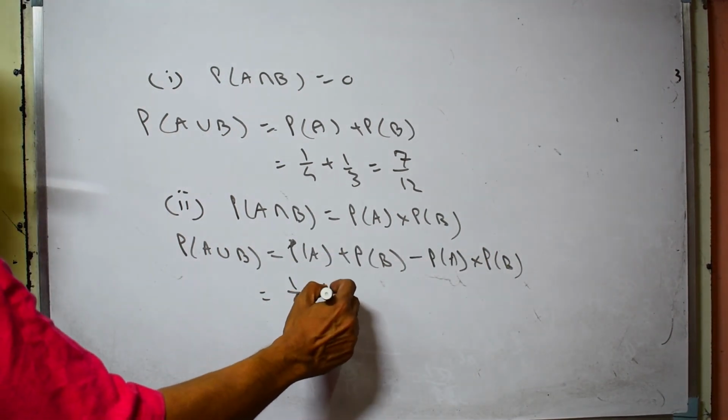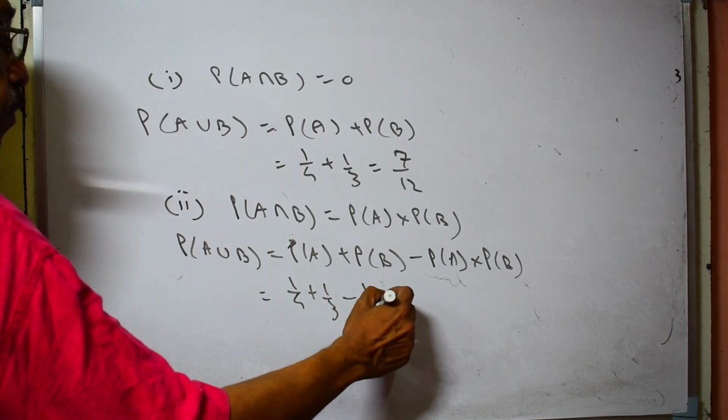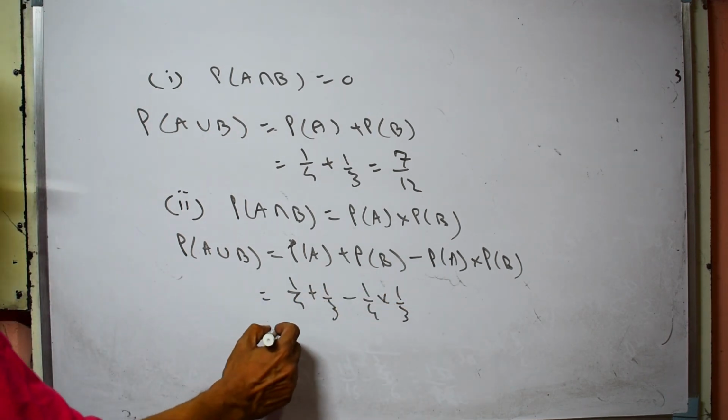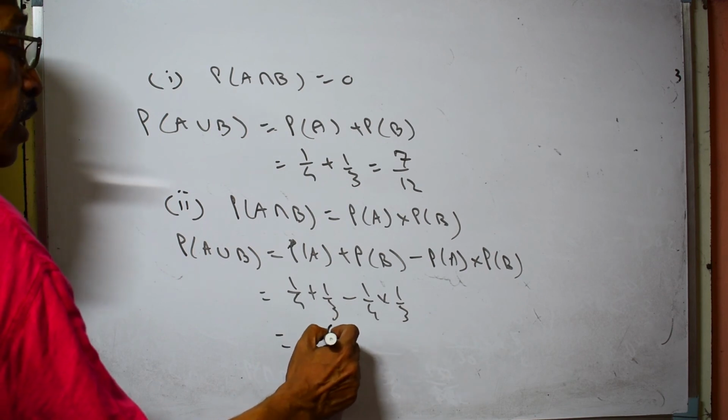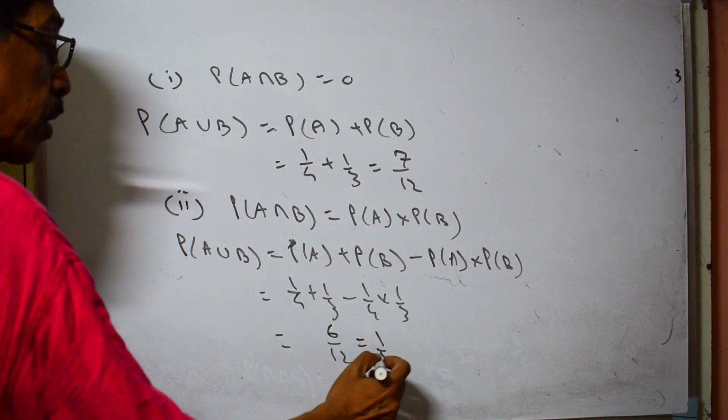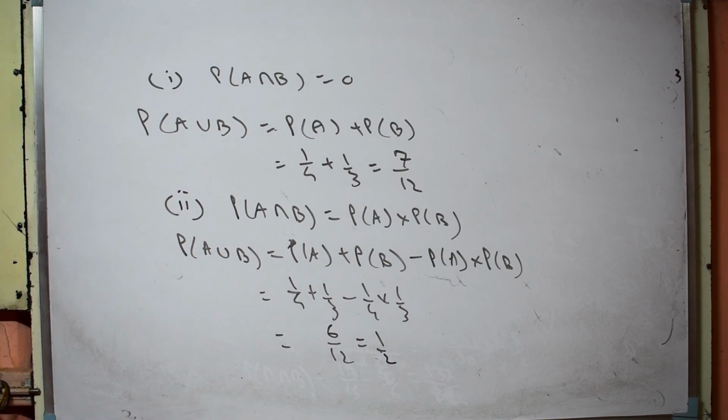Then 1 by 4 plus 1 by 3 minus 1 by 4 into 1 by 3, it is 6 by 12, that is half. So these types of problems we can solve using the idea of set theory when the questions are formed like this. So this is all about how to solve probabilities using some concepts of sets.